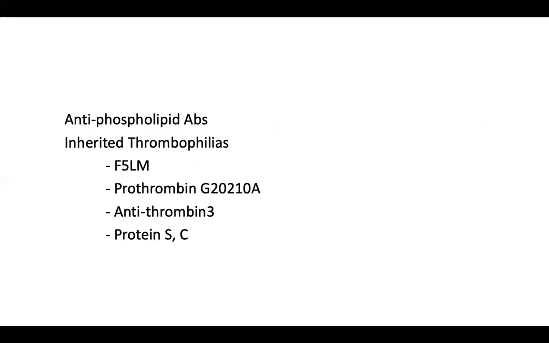And I like to just mention this because of the importance of the accuracy of testing for these in pregnancy. The mutations are accurate whether you're on anticoagulants or pregnant or not. So the factor V Leiden and the prothrombin gene mutations are accurate no matter what. So those two are easy.